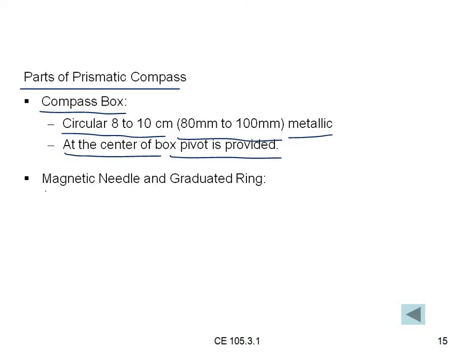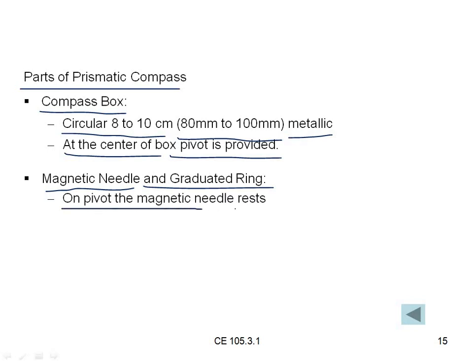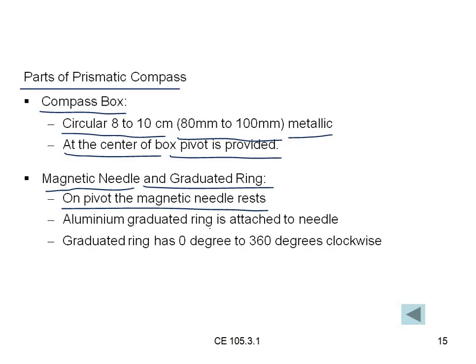The magnetic needle and graduated ring are on the pivot, the magnetic needle rests on it, and the aluminium graduated ring is attached to the needle. That graduated ring has 0 degrees to 360 degrees clockwise.